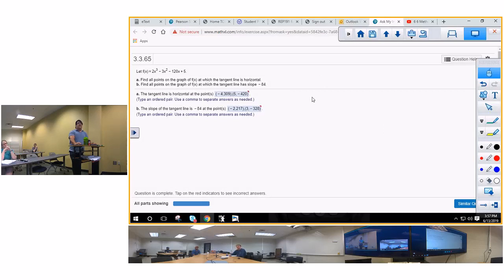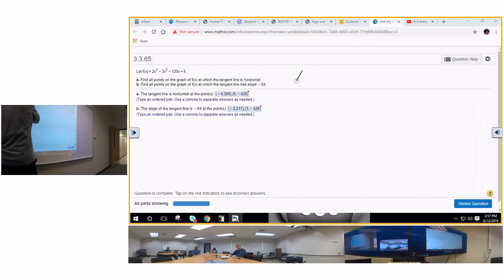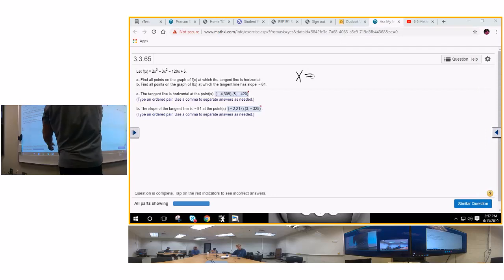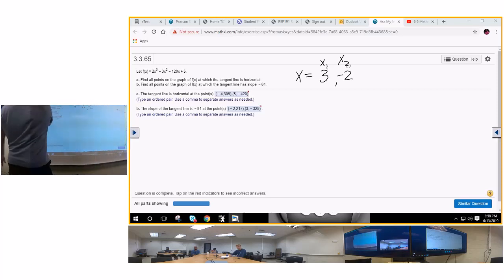Well, how'd they get the negative 3? As soon as you get the point where they're equal, remember I got x is equal to 3. These are both x's. This is x of 1 and this is x of 2.